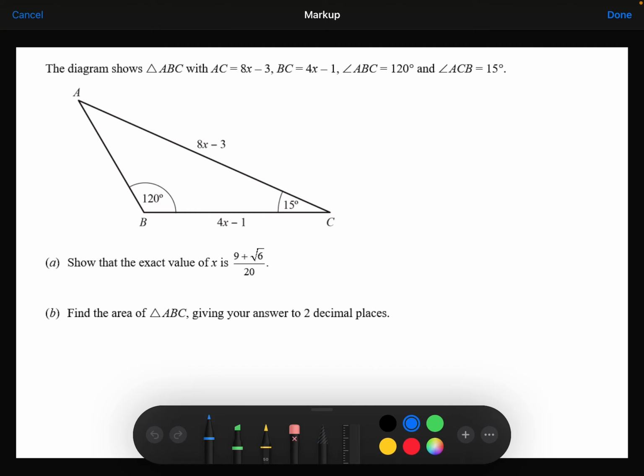So first thing I'm going to do here is to work out the other angle inside this triangle, which is going to be 180, take away 120, take away 15, which is 45.